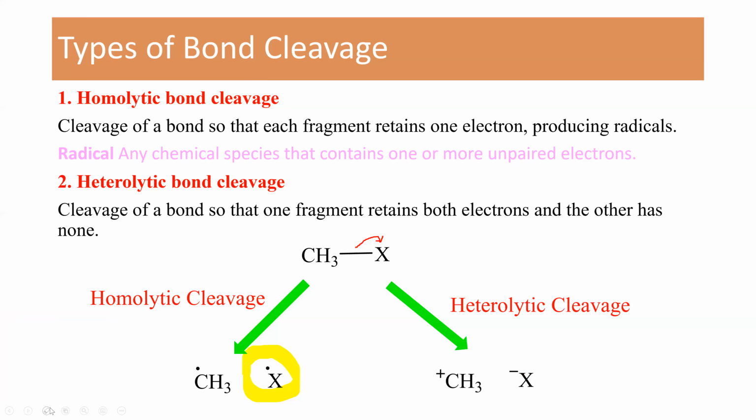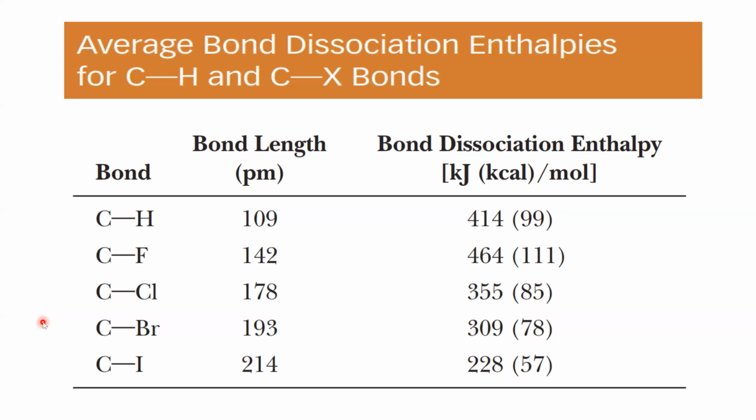So now for the next thing, this is a table to demonstrate that you can compare the bond length versus the bond dissociation enthalpy for each of the halogens. Now you can see that the carbon hydrogen bond is 109 pm. That is the distance between that carbon and hydrogen.